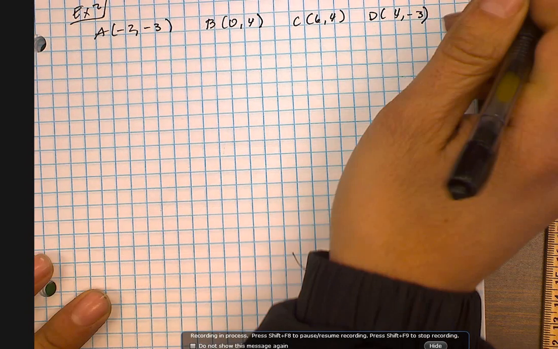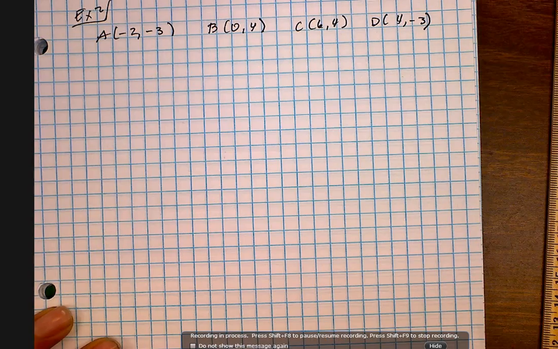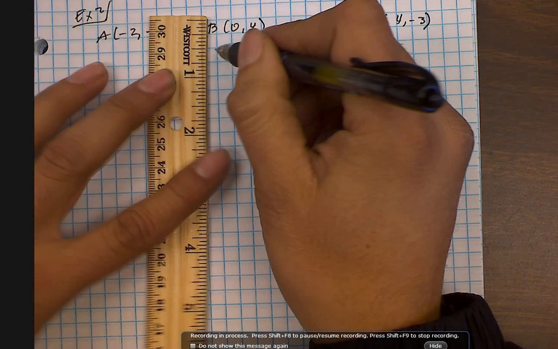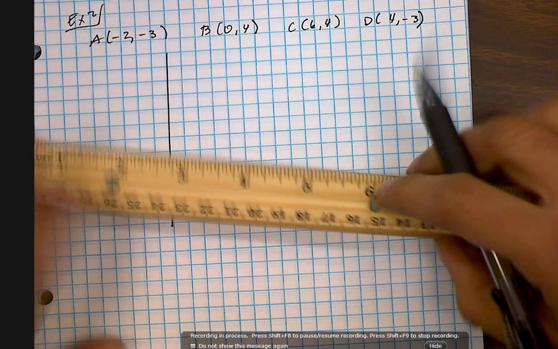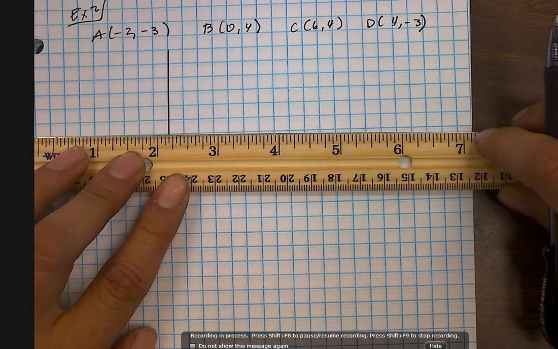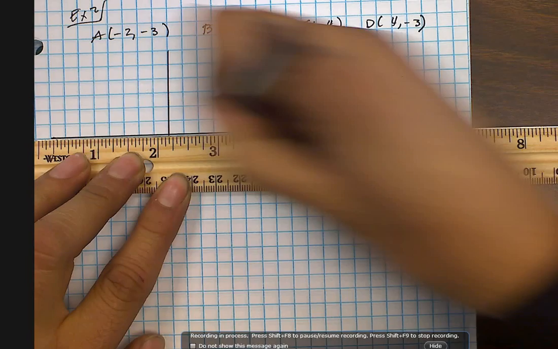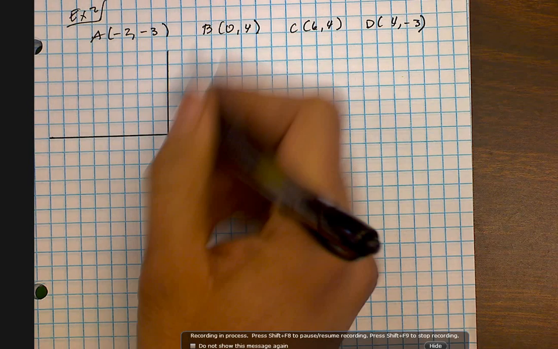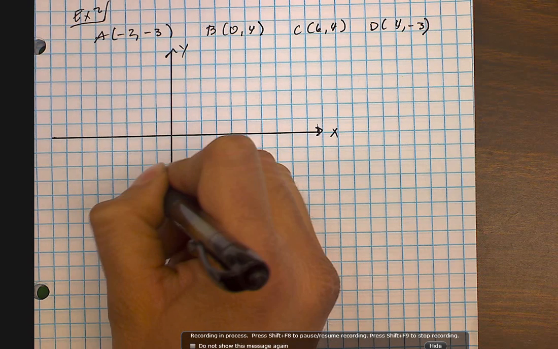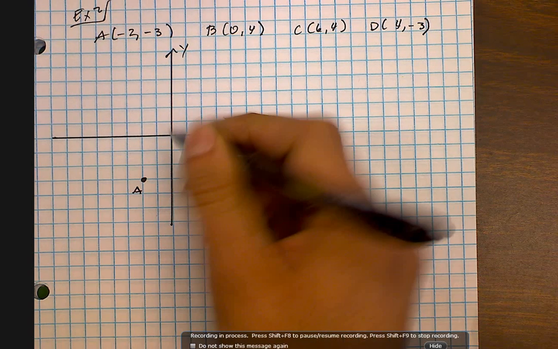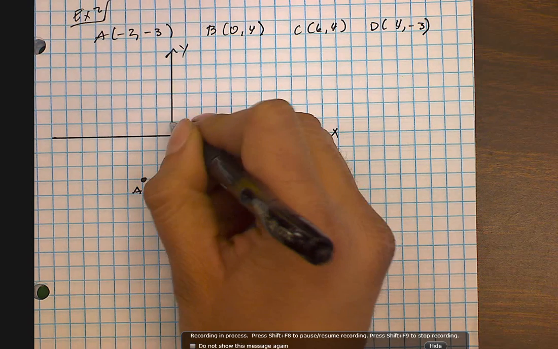Okay, so let's plot this again. Here's the y-axis. Here's your x-axis. So -2, -3. You go -2 and then down 3. So that is your A. B is at 0,4. So you go 1, 2, 3, 4.